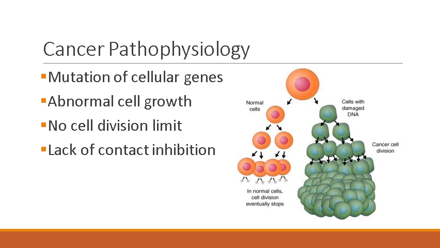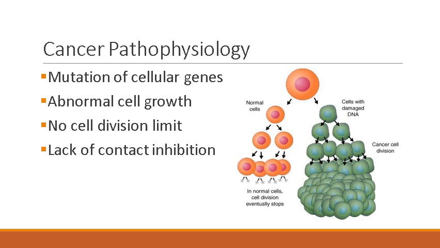These cells also have no cell division limit. We just talked about that. And they have a lack of contact inhibition. Contact inhibition, these are growth regulating signals in the cells surrounding the environment. So these signals get ignored with cancer cells.